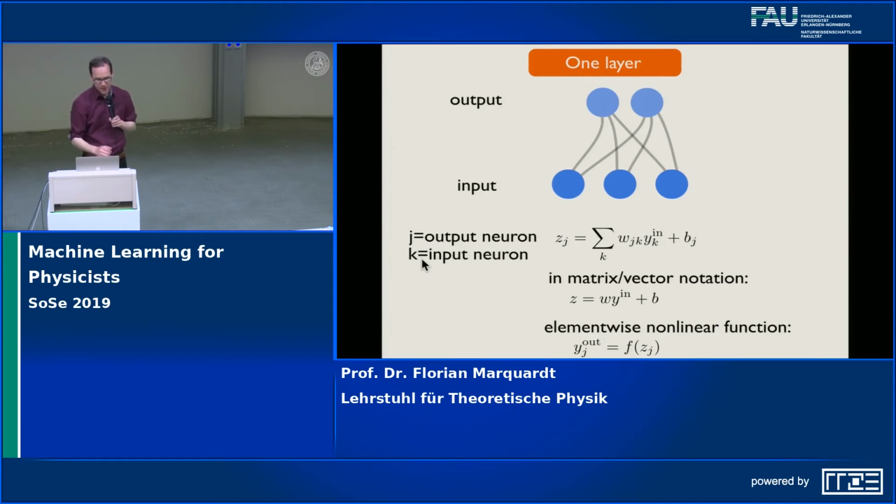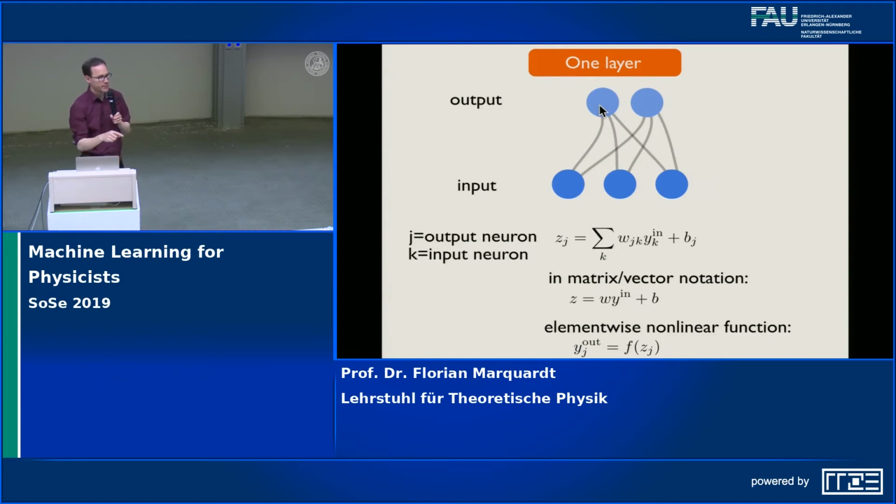Now if I want to build this weighted sum, for each input neuron, which I call yk in, and each output neuron, which I call j, I need a weight, because this yk is connected to the output neuron j. So all the different pairs of input and output neurons have a weight attached to them. Each weight actually has two indices, namely the index of the input neuron and the index of the output neuron.